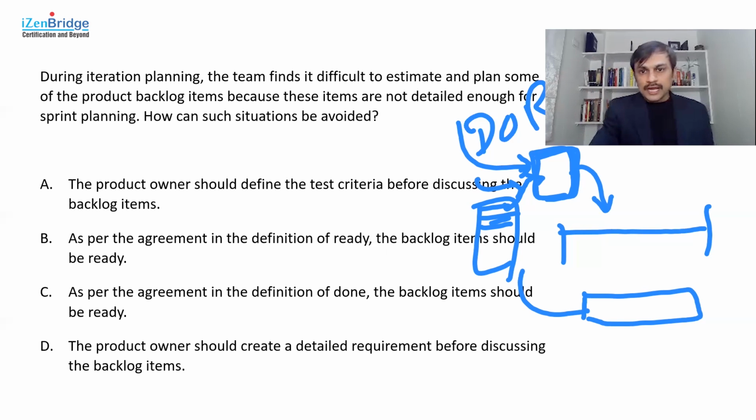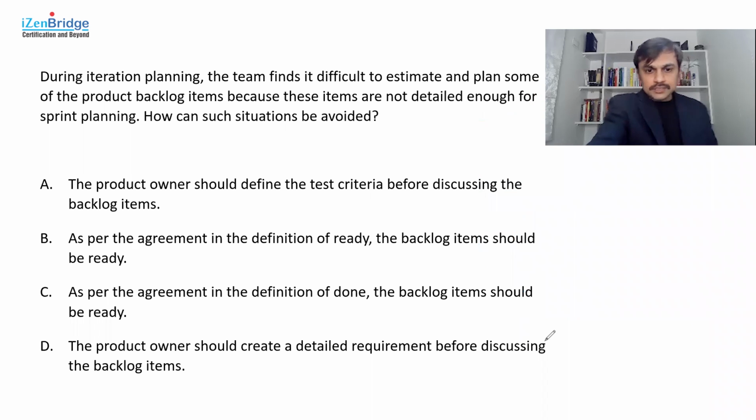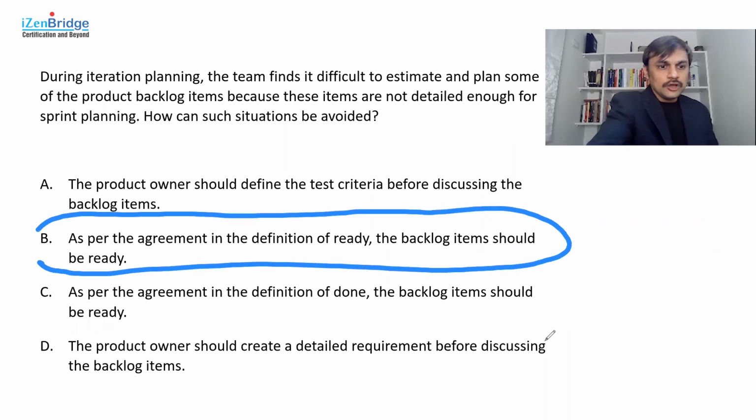That's the whole idea of this particular question in my view. And that's why I can say that option B is the right option, because we should have a detailed enough product backlog item, and that detailed enough can be defined as a definition of ready. And that helps us in doing good sprint or iteration planning.